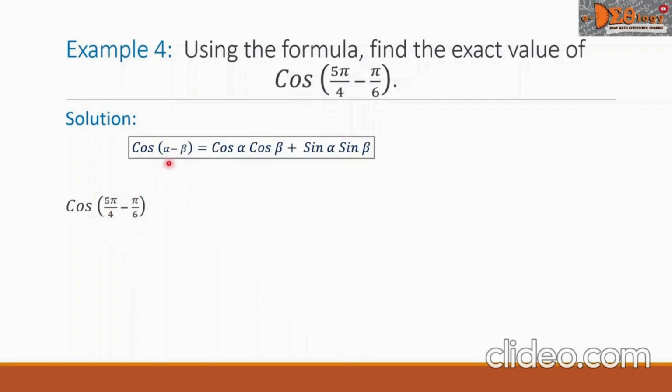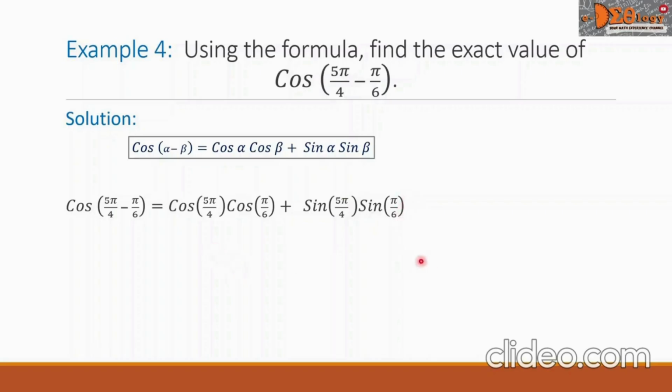The first angle is alpha minus the second angle is beta. Using this pattern, we can rewrite this problem like this. Cosine of 5 pi over 4 times cosine of pi over 6 plus the sine of 5 pi over 4 times the sine of pi over 6.